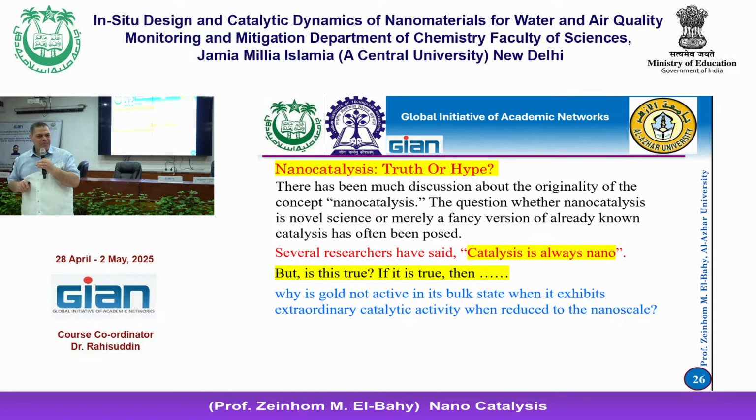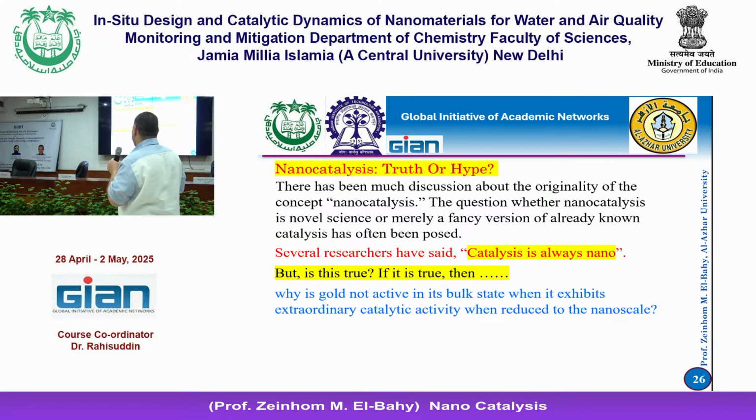But at the same time, they answer this question. Yes, it is not working in bulk, but when it goes to the nanoscale, several structures, several edges, or high energy sites on the surface may be accessible to make the reaction.